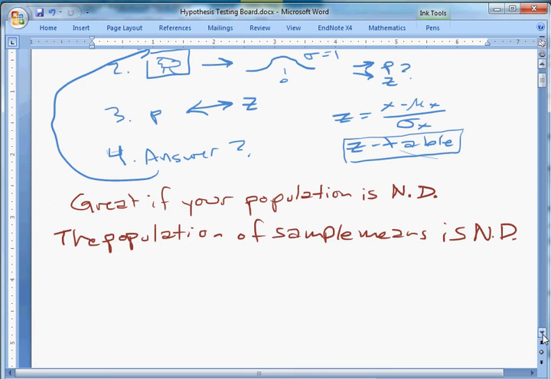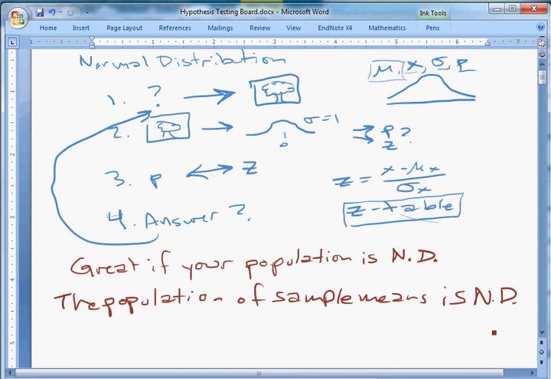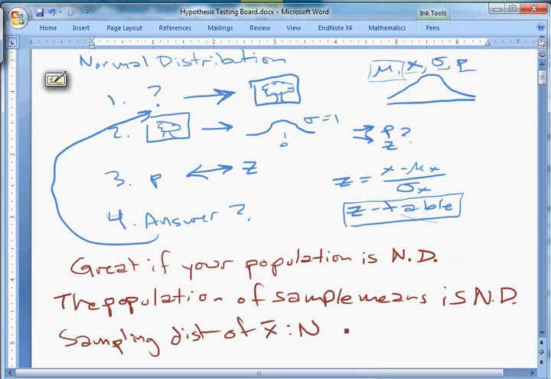So what we did here was we said, well, this really only gave us a little bit of trouble, because the sampling distribution of x bar is normal with a mean of mu x bar equals mu x, so that's right here, and a standard deviation sigma x bar equal to sigma x over the square root of n.